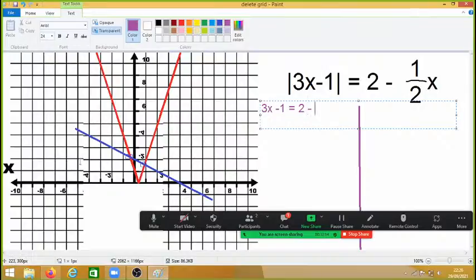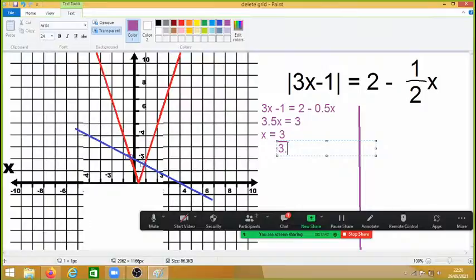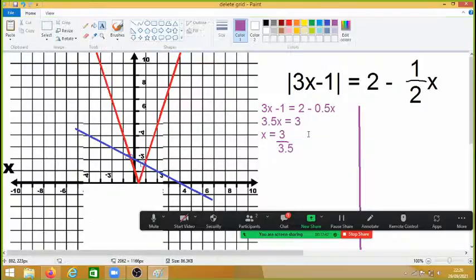So I'm just going to change that to 0.5x, take the numbers to one side and then divide, and you've got 3 over 3.5, which you can probably write better as a fraction without the decimals. So if you double both top and the bottom, that's going to be 6 over 7.